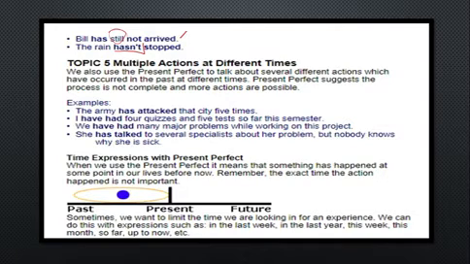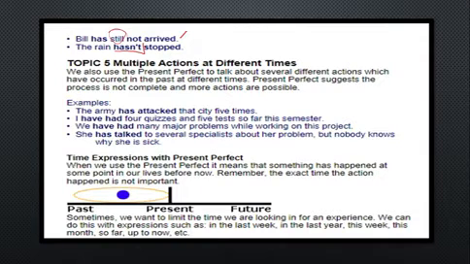En el tópico 5, de las acciones múltiples y diferentes tiempos del presente perfecto, podemos usar el presente perfecto para hablar de muchas acciones las cuales han ocurrido en el pasado y en diferentes tiempos. Sugiere el proceso que no se ha completado y que hay más acciones que pueden seguir sucediendo.